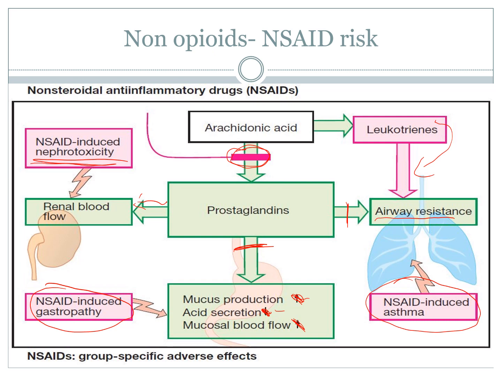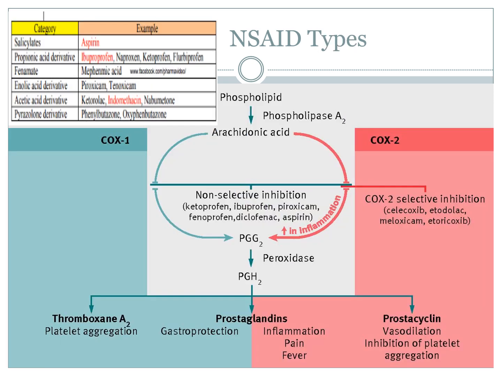So if we just have a closer look at the type of drugs that we can find when we're dealing with NSAIDs, we have those that are non-selective, and then those that are pseudo-selective, and then some that are extremely selective. So we'll look at the very first one, which is the most prevalent one used, your salicylates. So salicylates is a class of drug which is pretty much just represented by aspirin.